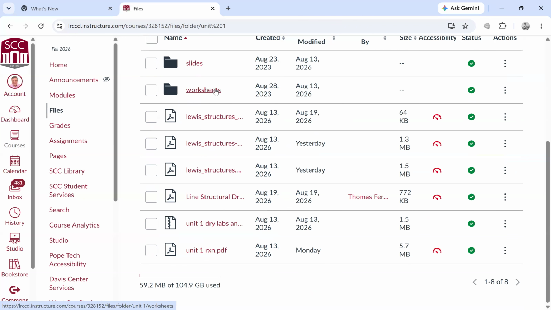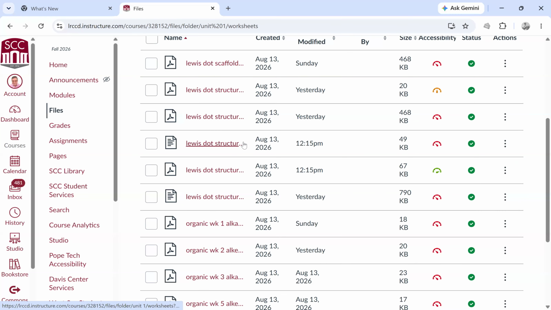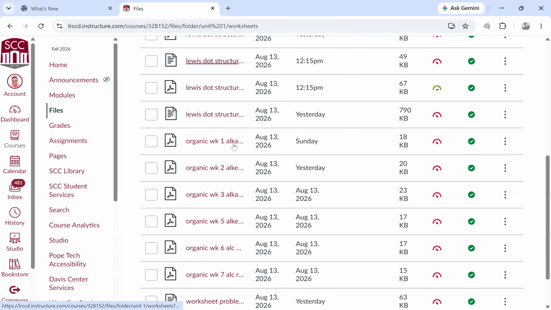You go to the worksheets. These are parts of the Unit 1 dry labs.